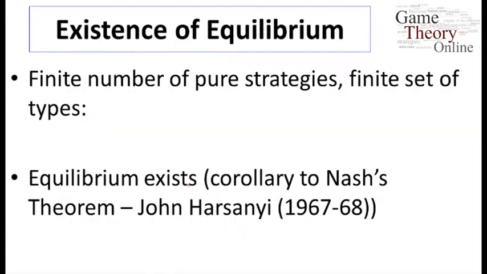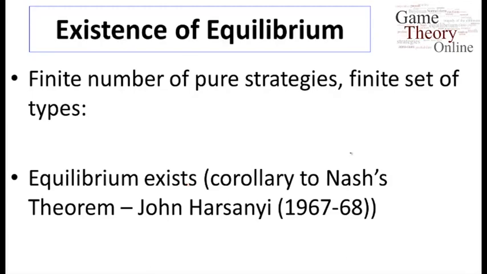Okay, existence of equilibrium: it's always desirable to have some prediction of what's going to happen in a game, to at least have one equilibrium point. If we have a finite number of pure actions or pure strategies, and a finite set of types, and we allow for mixed strategies, then equilibrium exists. This can be proven as a corollary to Nash's theorem.